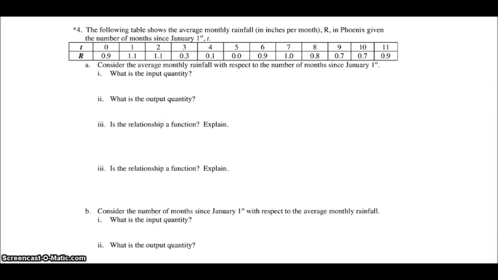Question number 4. The following table shows the average monthly rainfall in inches per month, R, in Phoenix, given the number of months since January 1st, T. Consider the average monthly rainfall with respect to the number of months since January 1st. What is the input quantity?